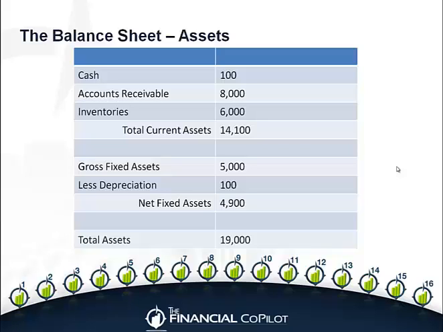One of the words that we use in accounting is the word current. Current stands for 12 months or less. So when you see the word current around where it says current assets, it simply means that these are assets that are expected to liquidate in 12 months or less. Another term for current is also short term, meaning 12 months or less.